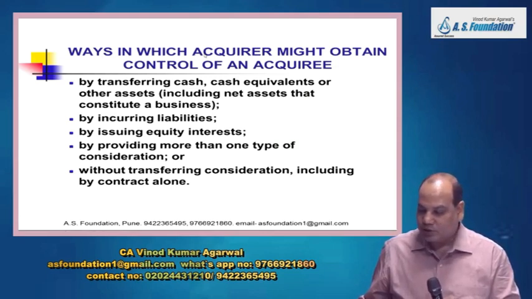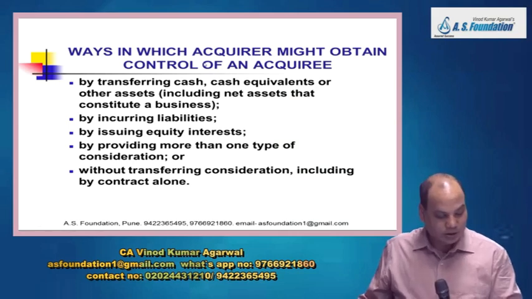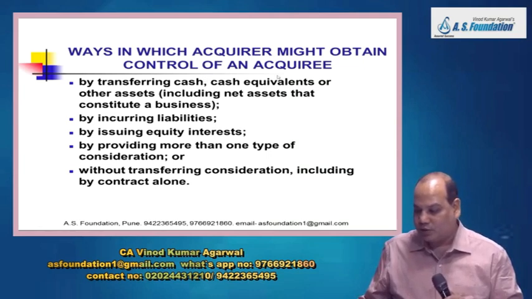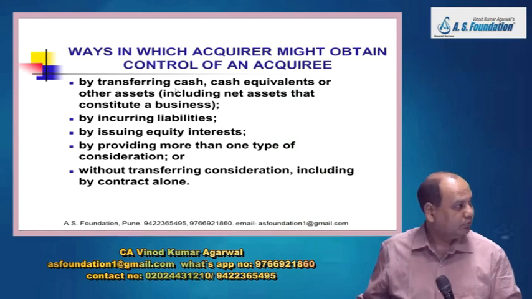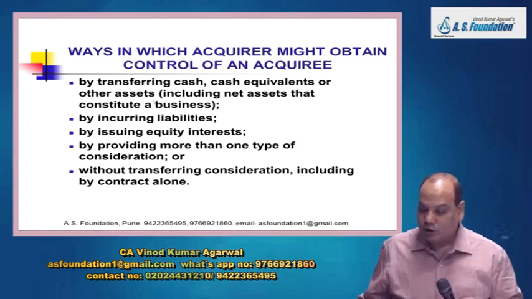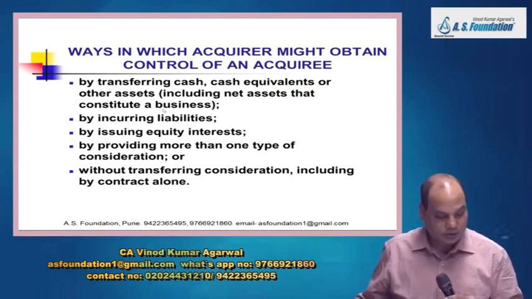Now there are some examples given in the notes that an acquirer may acquire control over an acquiree in a variety of ways. For example, by transferring cash, cash equivalents or other assets, including net assets that constitute a business.